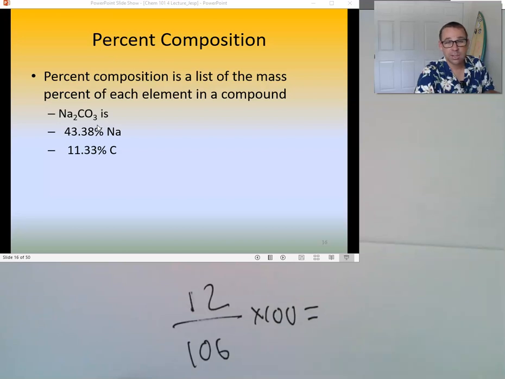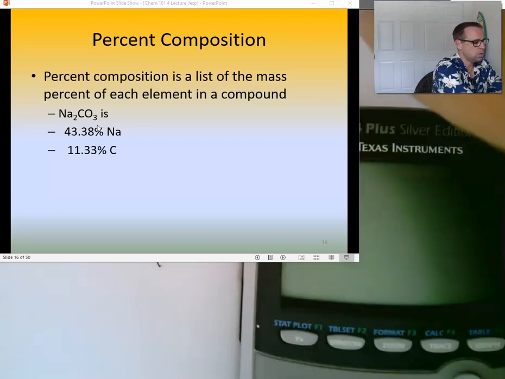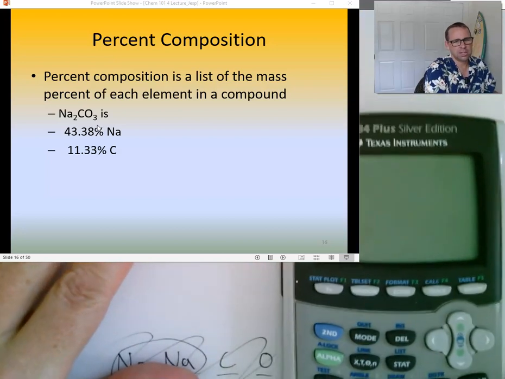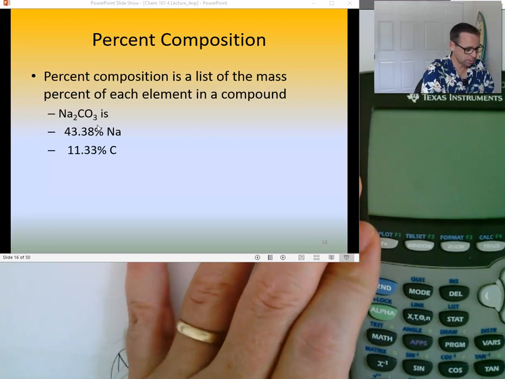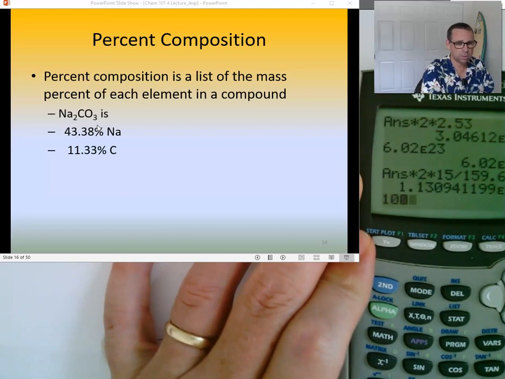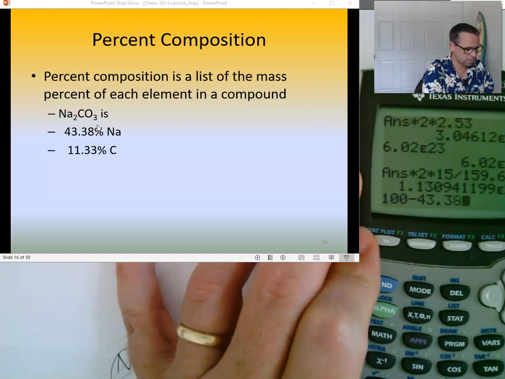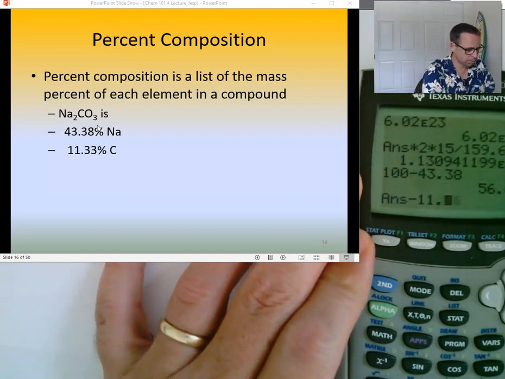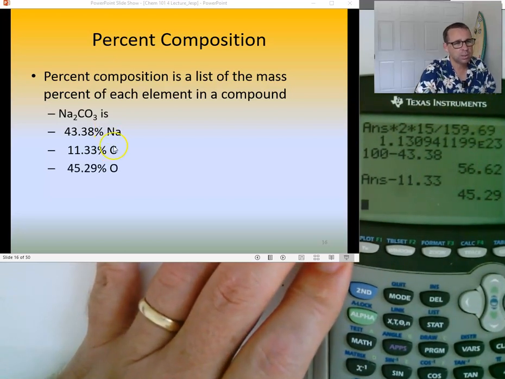Now, we could do the same thing with oxygen, the 48 divided by the 106. We could also just know that the sum of all three of these is 100%, and I could do 100 minus the 43.38, and then subtract the 11.33, and what's left over, 45.29, should be the percentage of oxygen.